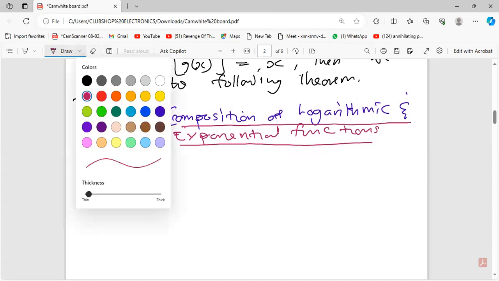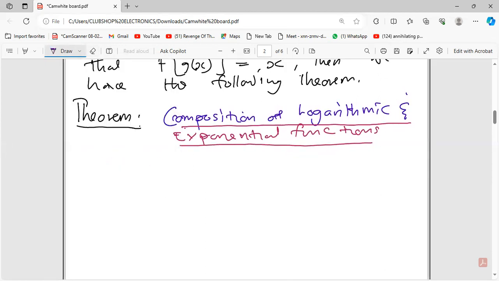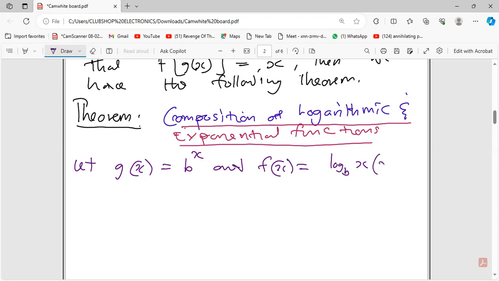This is very important. Now, we say let g of x be equal to b to the power x and f of x be equal to log b of x, right? For x greater than 0, b greater than 0, and b not equal to 1.